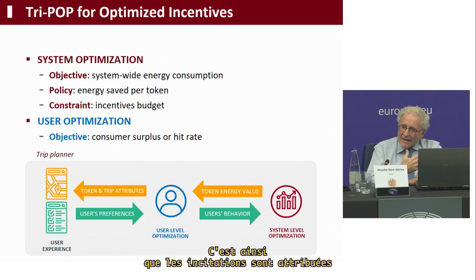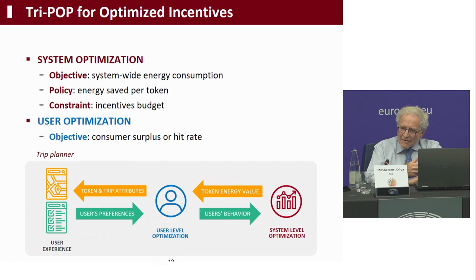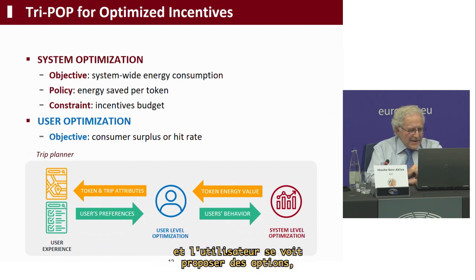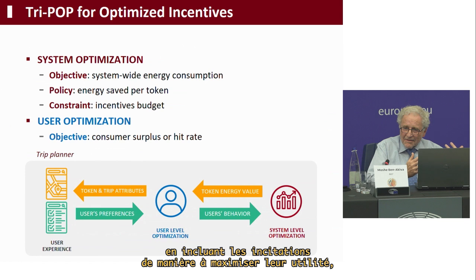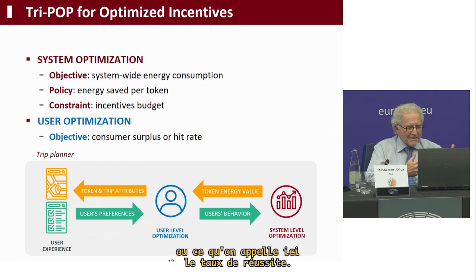That's the way the incentives are allocated. And at the user level, the user is provided with options, including the incentives, in a way that maximizes their utility, called here the hit rate.